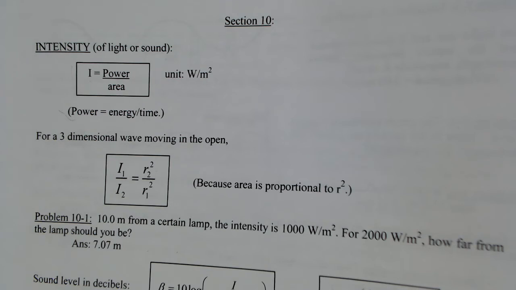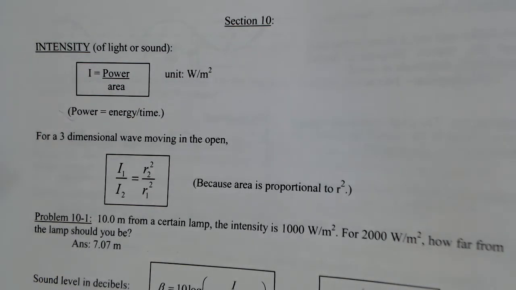And the threshold of pain, of course, these are figures that vary some between individuals, is somewhere around 1 watt per square meter. So rather than have numbers where you're always counting a whole lot of zeros, what's more convenient is a scale based on the logarithm of the intensity rather than the intensity itself. But that's further down the page. I'm getting a little ahead of myself, I guess.